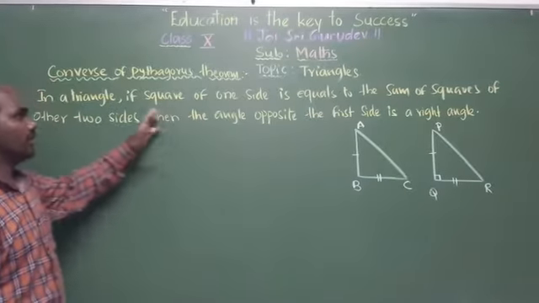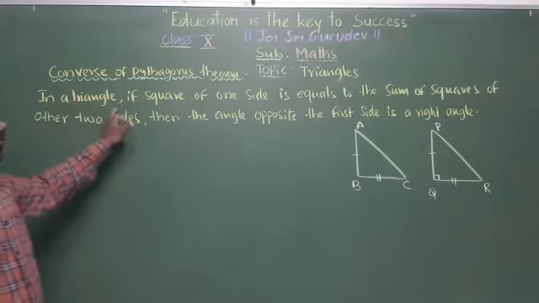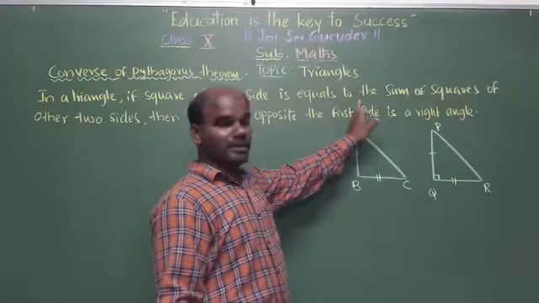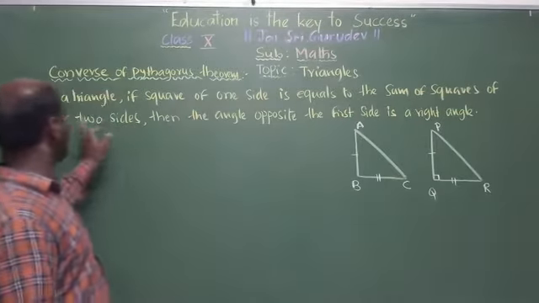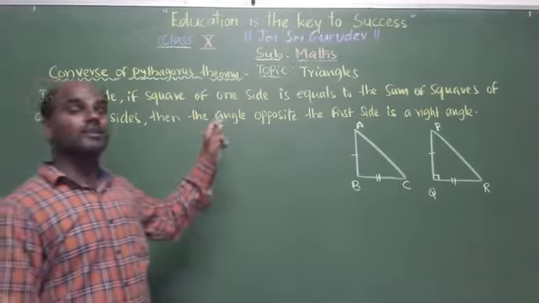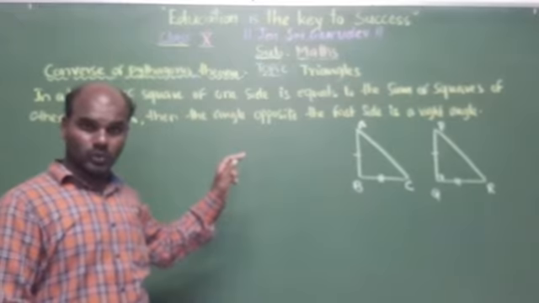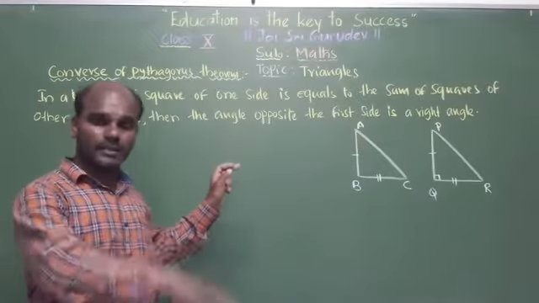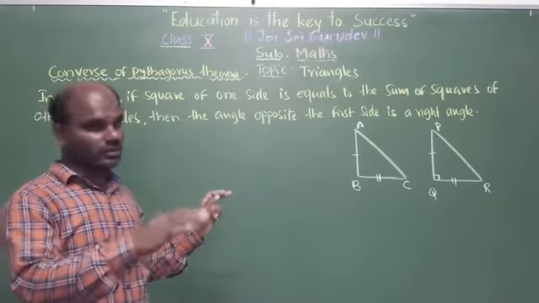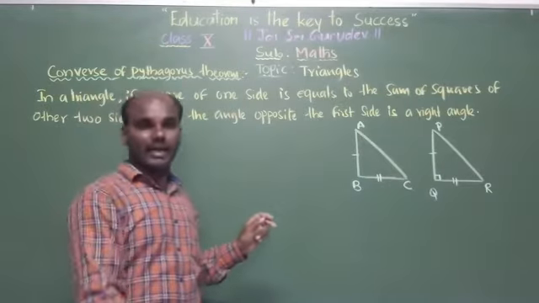In a triangle, if the square of one side is equal to the sum of the squares of the other two sides, then the first side's opposite angle is the right angle.